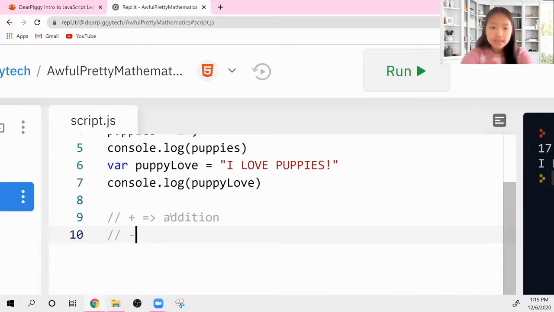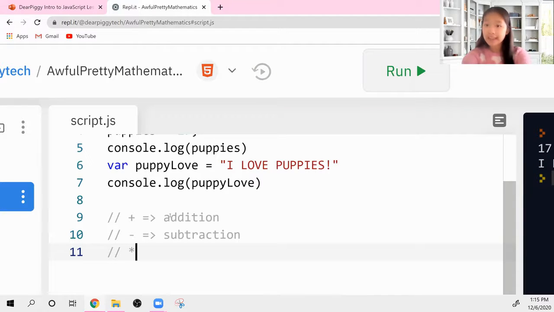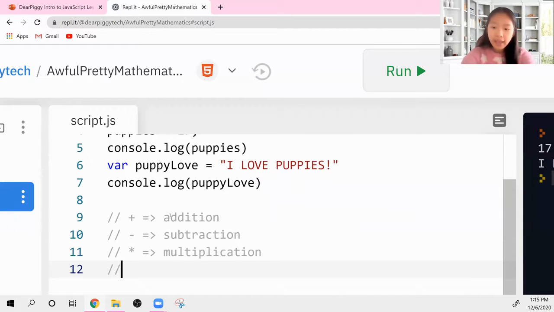This minus sign stands for subtraction, which we all know. This asterisk, which is the top one on top of the 8, stands for multiplication, and this slash stands for division.